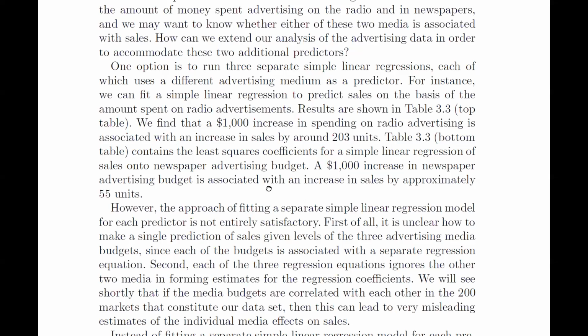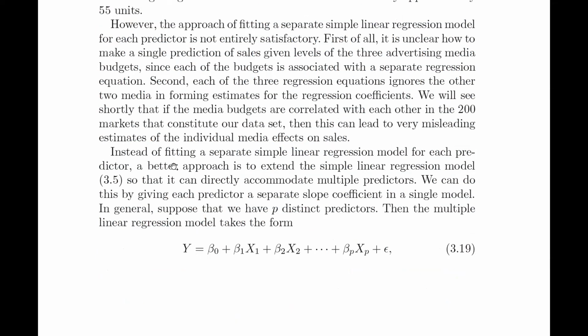And we were over here. Instead of fitting a separate simple linear regression model for each predictor, a better approach is to extend the simple linear regression model so that it can directly accommodate multiple predictors.